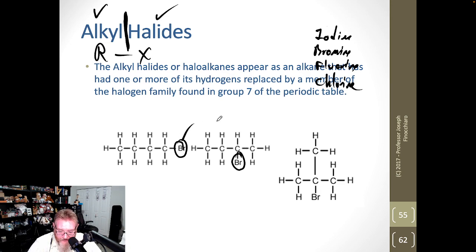Pretend that the halide is like a side chain when it comes to putting the number where this thing should be. So if it's on 1, you probably don't have to list it because it's assumed to be on 1. On this one, it could either be on 2 or it could be on 3, so you're going to have to list it as 2 because that's the smallest number, right? You go with the smallest number. That's going to be 2.